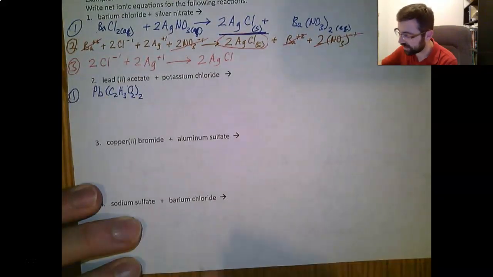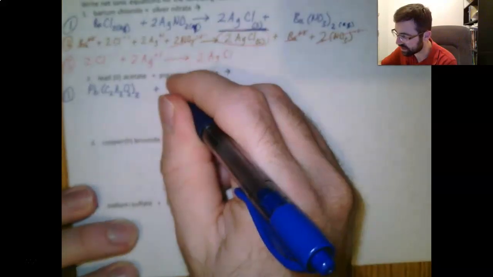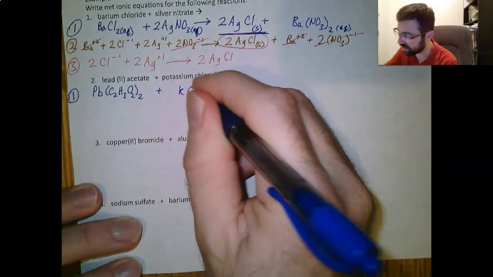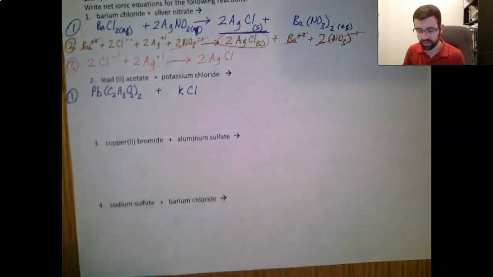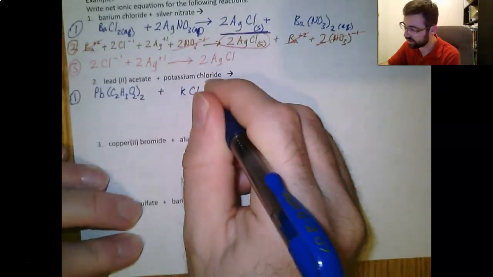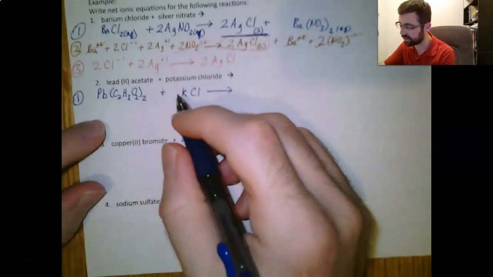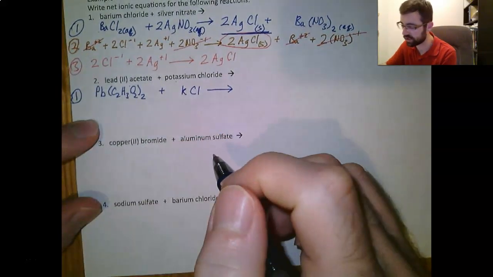All right, and I'm going to add that to potassium chloride. Potassium is a positive 1 metal. Chloride is Cl with a negative 1 charge. Okay, that's neutral. The next thing that we need to do is, well, let's finish it out first. We're going to switch. Ions are switching. Remember, lead is going to keep its positive 2 charge.